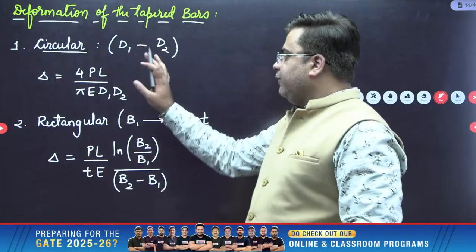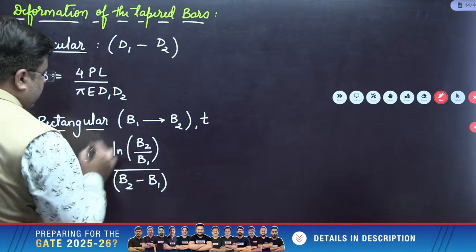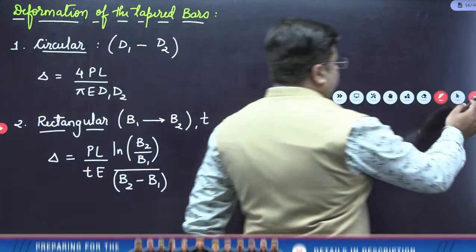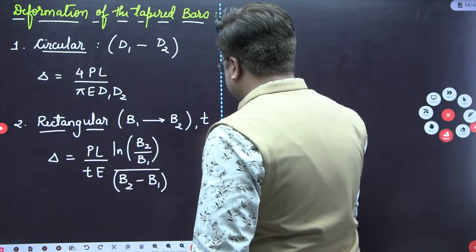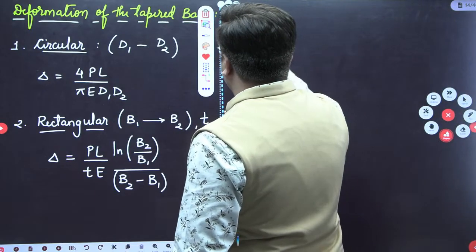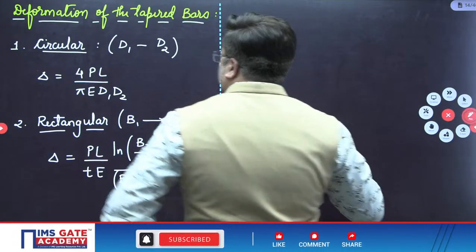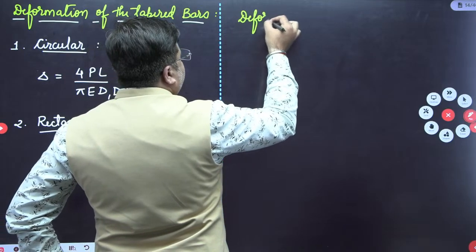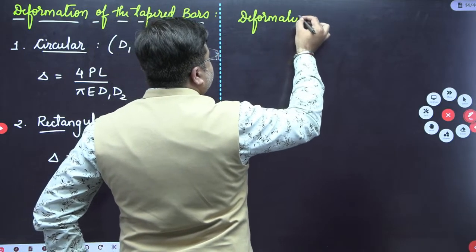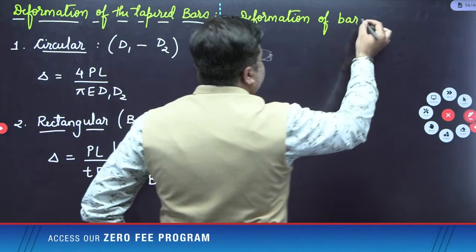So this is the deformation of the circular and the rectangular tapered bar. Please remember this. Now next one is, if you have a bar which is subjected to self-weight. So deformation of the bar under self-weight is as follows.